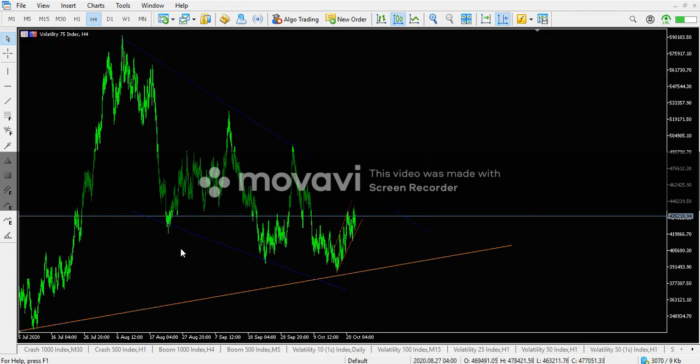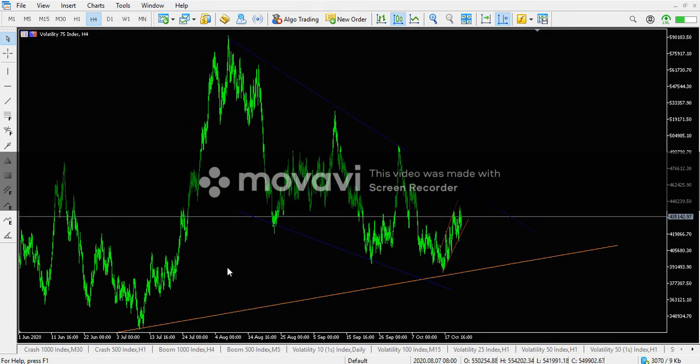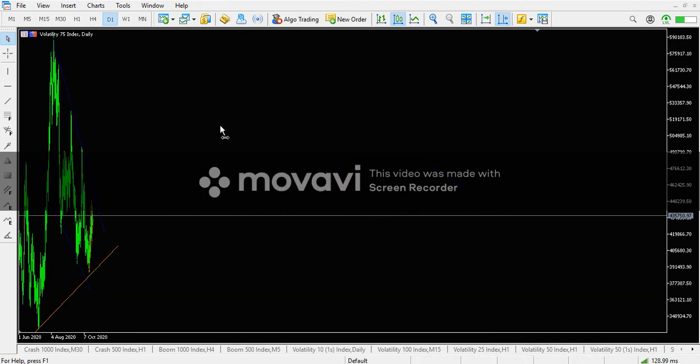Also, wow, I'm seeing this big descending channel, and if it should break out, then it's going to be a bullish flag. But I'm thinking it's going to break towards the downside, because it has been in a massive uptrend for some days now.